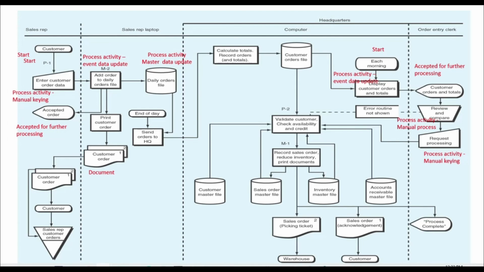Documents are shown in another diagram form. The process activity event data update, accepting for further processing. The manual activity or manual processes, and then process activity, manual key, they all have different flowchart symbols.